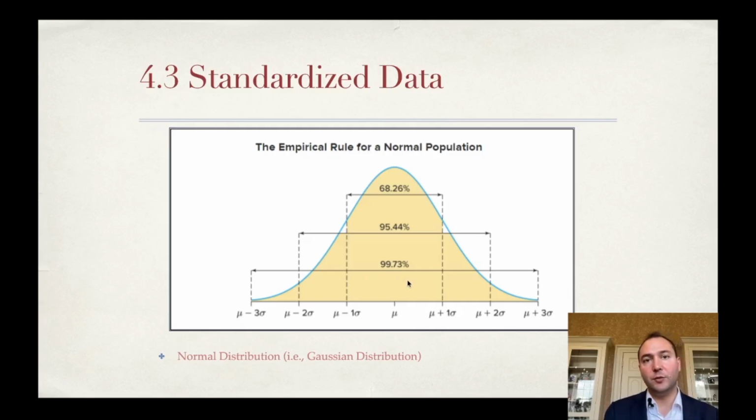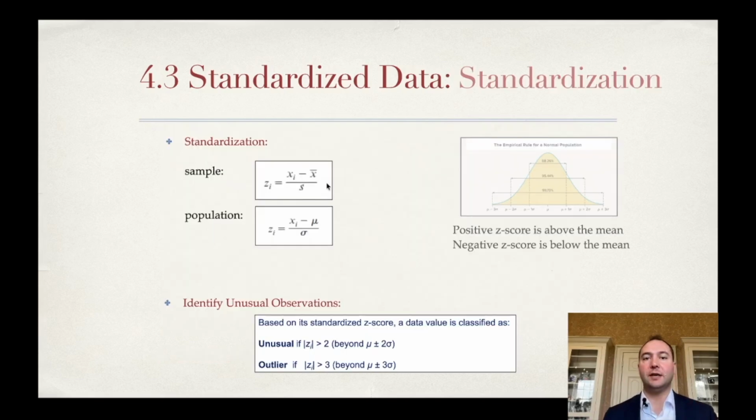Why is this normal distribution so useful? Because it happens to be a fact of nature that many data sets fall into this normal distribution. Because of this nature of the world, we can standardize our data so that we can compare values in one distribution to another distribution if they're both in a normal distribution.